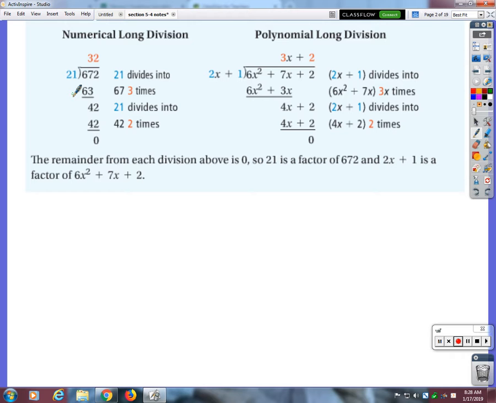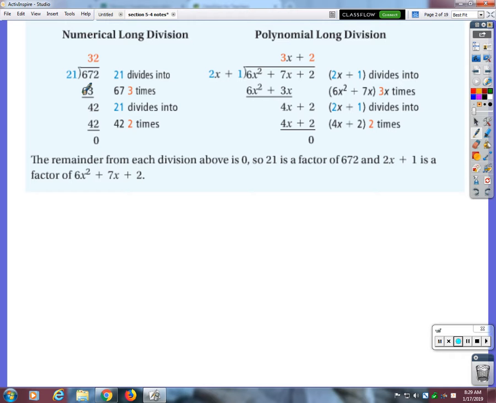Oh, okay. So the way that you do this is, since this is a two-digit number, you just figure out how many times it goes into this two-digit number. You make it into a simpler problem. So how many times does 21 go into 67? 3 times. So you put a 3 up there on top. And then 3 times 21 is 63.